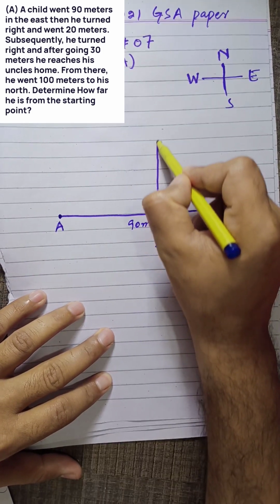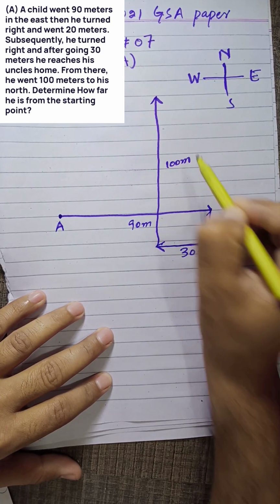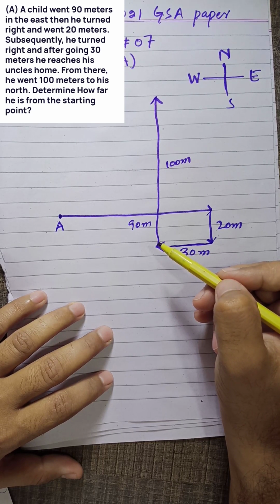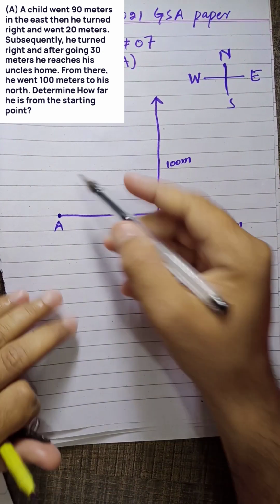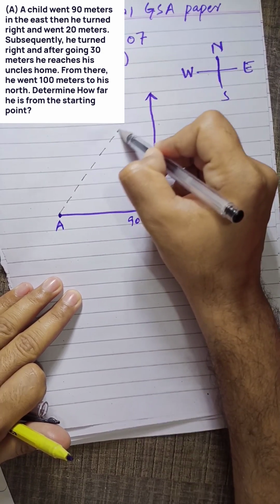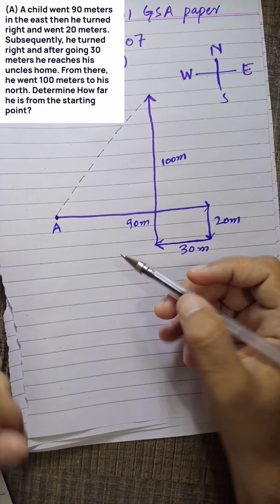So let's say this is 100 meter towards his north. Determine how far he is from his starting point. Now we have to determine this distance. How far he is from his starting point.